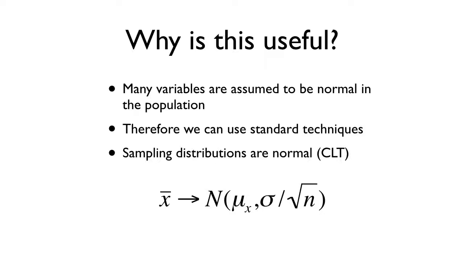We could change n, we could make it 1,000 flips instead of 10 flips, we could change it the other way. As n gets larger, what happens to sigma over the square root of n? Yeah, it gets smaller.